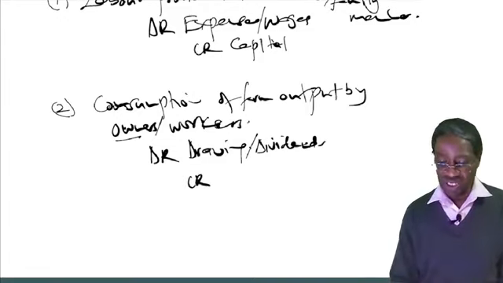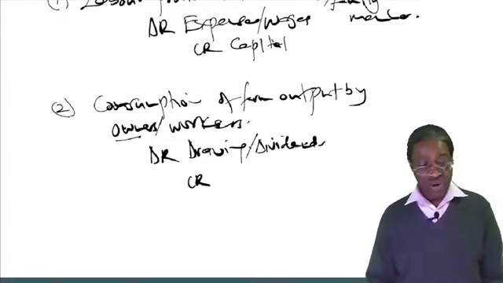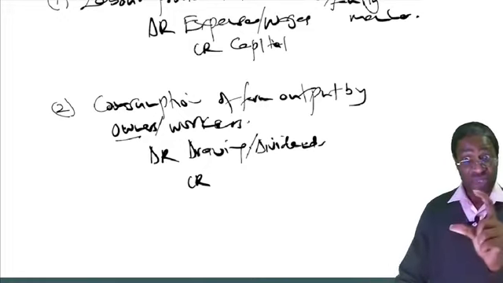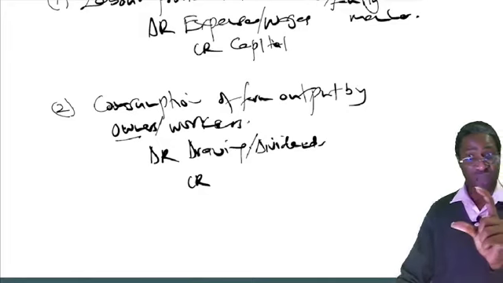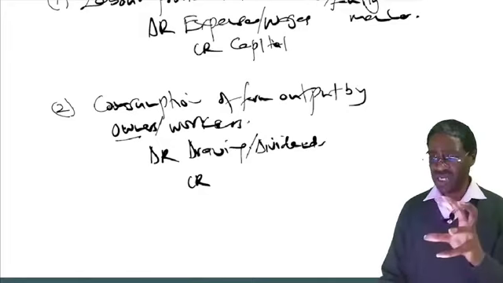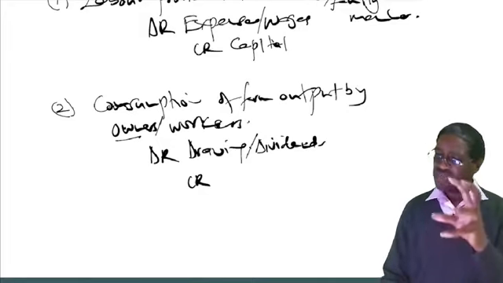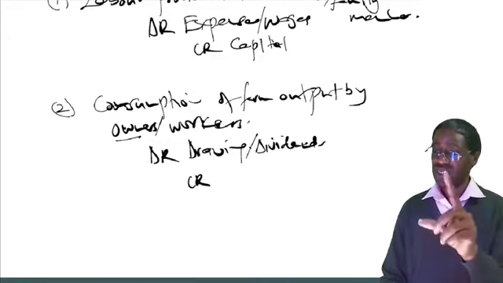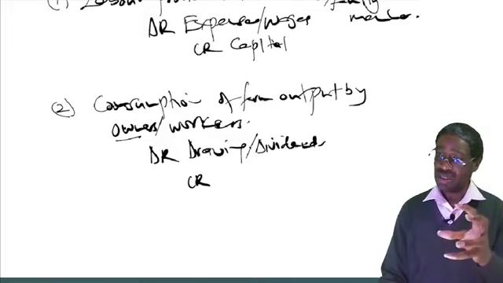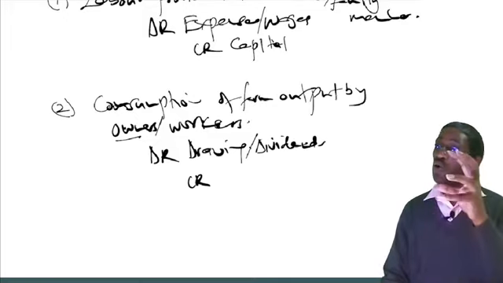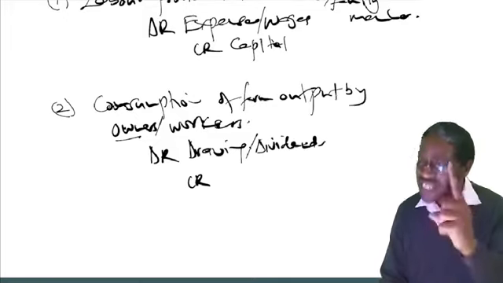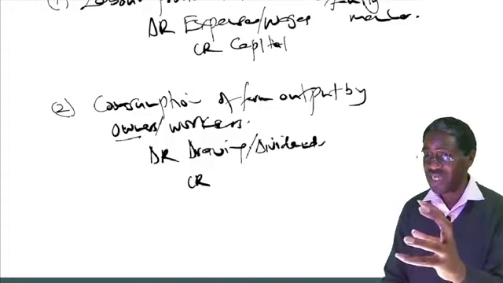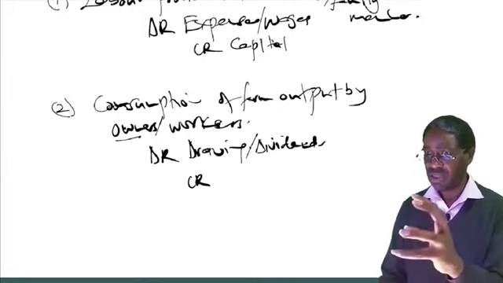Then you now credit, listen to this, I want you to get the point here. If the owner took milk, that milk came from the livestock department. So the livestock department will consider it as though they are selling that amount of milk to the owner.